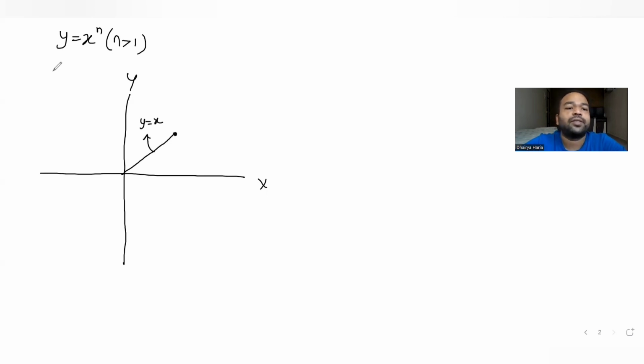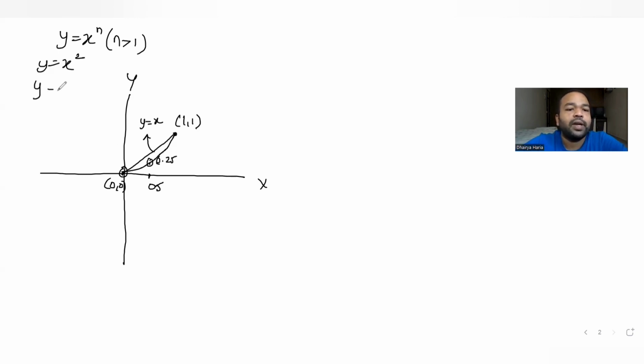Let's say I plot n as 2, that is x square. Here you have 0, 0 only, and here you have 1, 1 only, because if I put x as 1, y is still 1. The endpoints are the same, but the curve could be something like this. If I plot it for 0.5 also, you will understand.